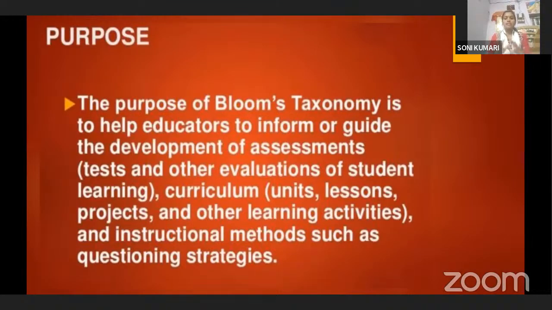We can also say that it is the exchange of two things, the learning and assessment process. Assessment is, overall, tests and other evaluation projects, and curriculum means the lesson plans.